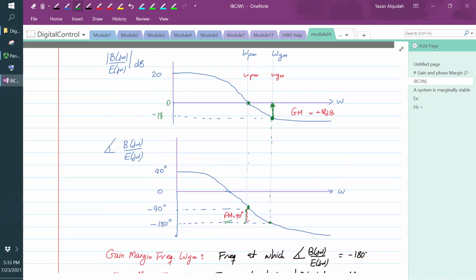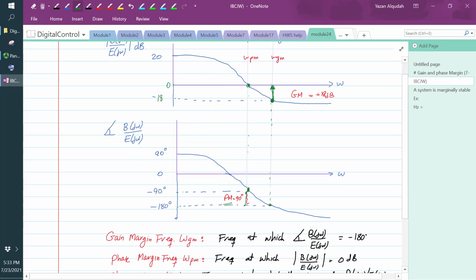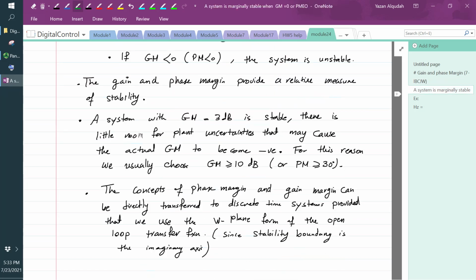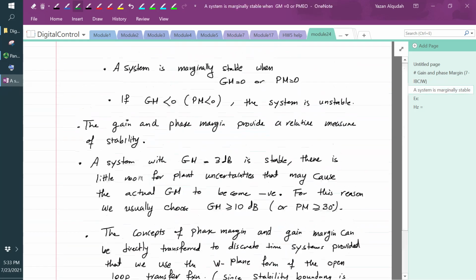Okay, so this is used in studying continuous time systems. Now what we're going to do is take this and apply it to discrete time systems.